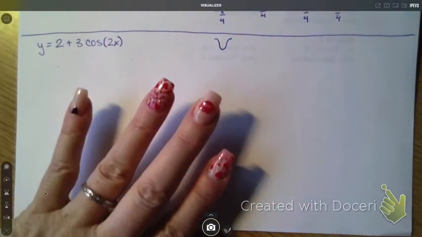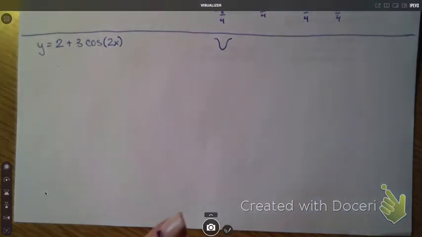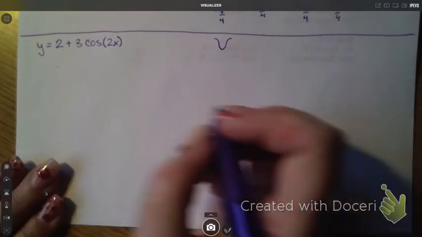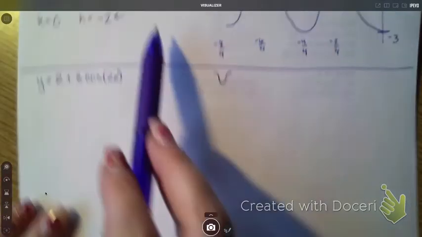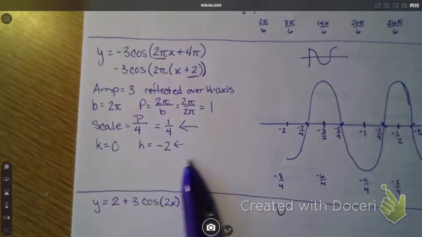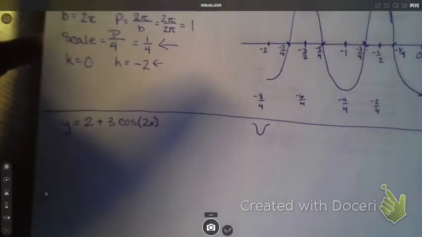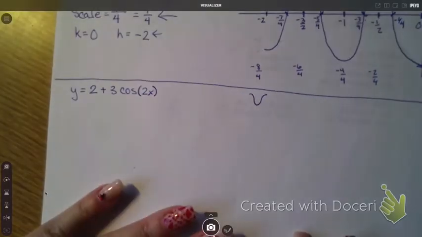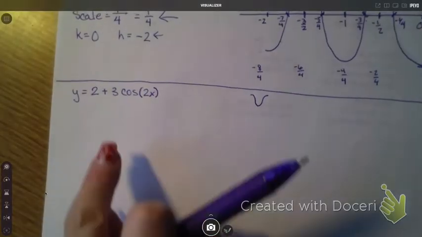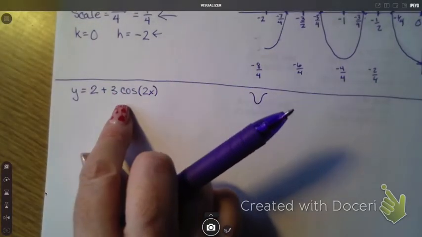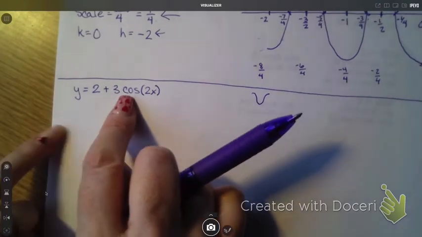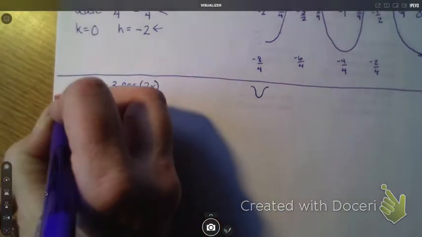Okay, do we need to keep doing 2 or can we just do 1 period? 1. Okay, so same drill. You're going to do this every single time. All of these things are going to be accounted for. Can you add the 2 and 3? No, you can't add because that's 3 times cosine. This is multiplication. Okay, so amp is 3.